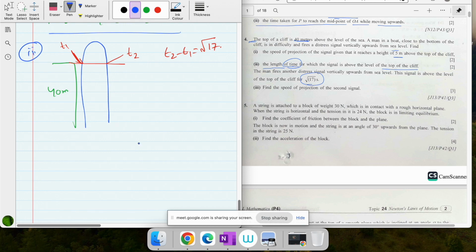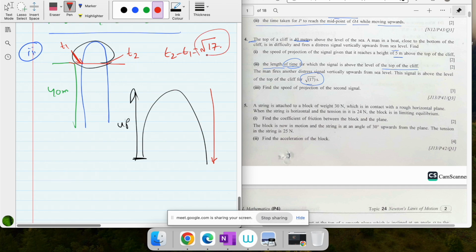If I use the concept, the signal moves vertically up, reaches its maximum height and then starts to fall down. And if we consider it in two parts, it is moving up and then it is coming down.